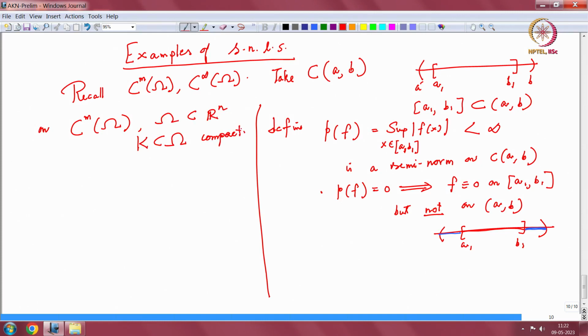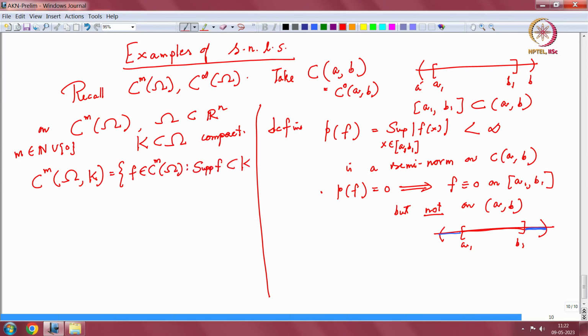I can define Cm for m an integer including 0. This is also called C0. C and C0 of [a, b] are the same. So, I can define the set of all f in Cm of omega with the support of f compact.